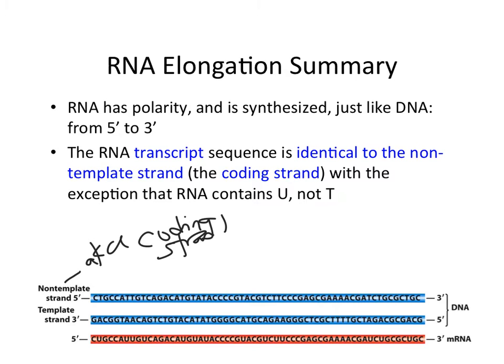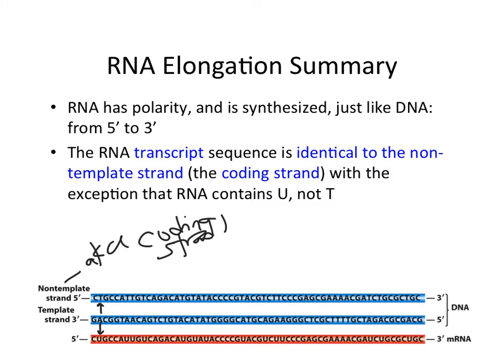If there's an A on the template strand, it's going to be matched up by RNA polymerase with a U. Okay. So RNA polymerase is using the template strand to pair up with the appropriate RNA nucleotides. The template strand, which is the strand that RNA polymerase reads, is complementary to the messenger RNA molecule. And because the template and the coding strands are the two strands of DNA, they're obviously complementary to each other.